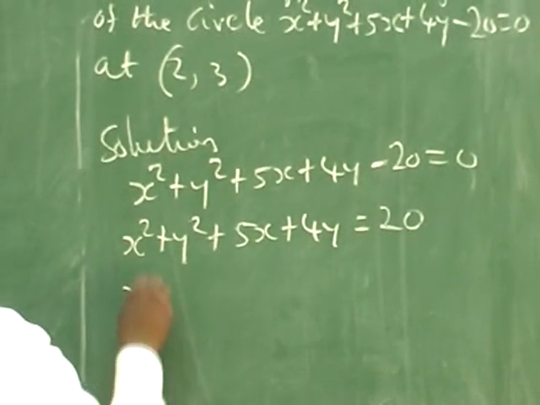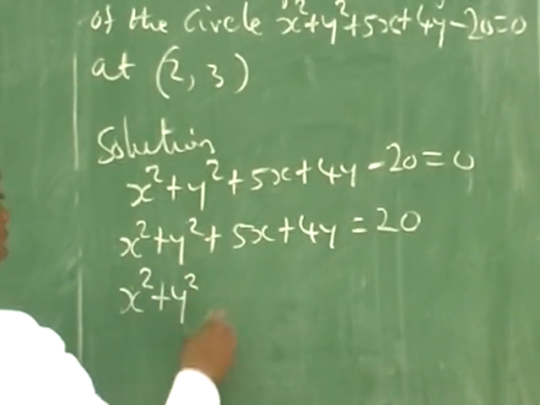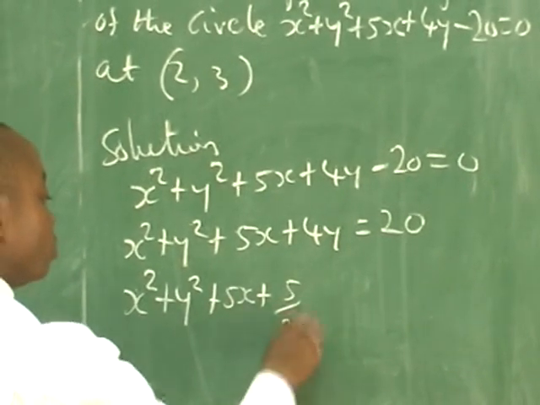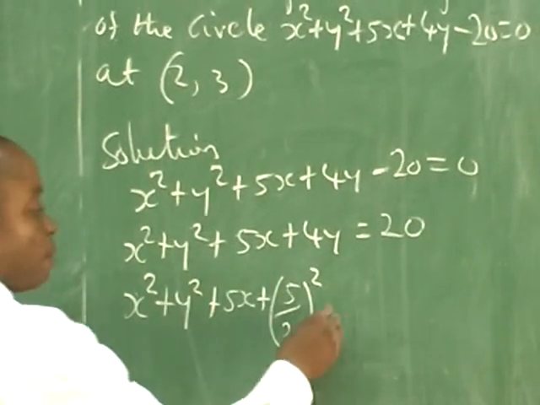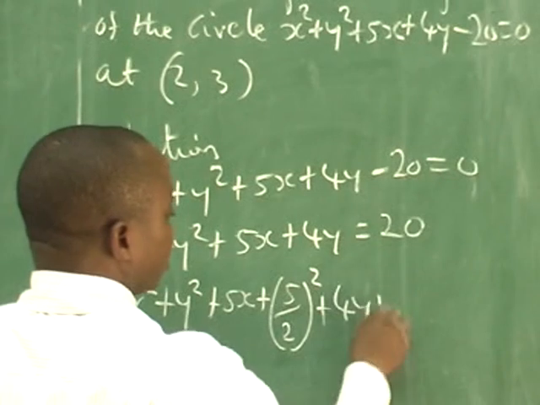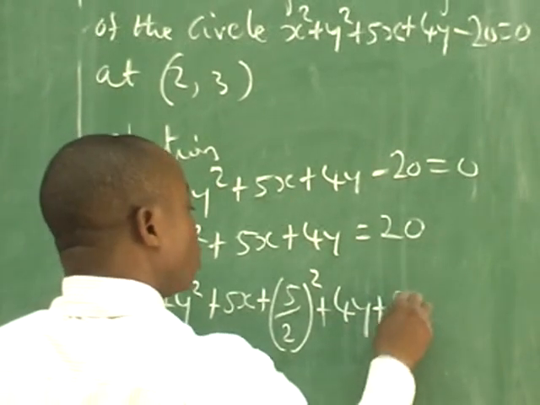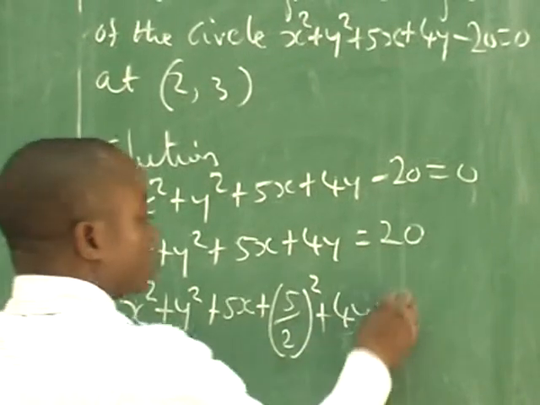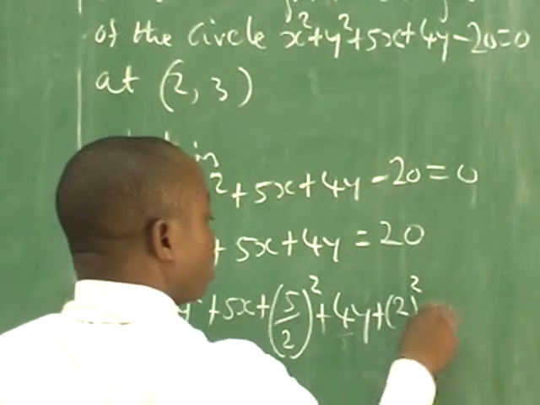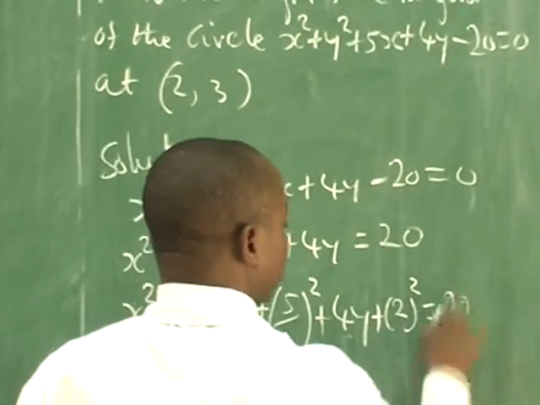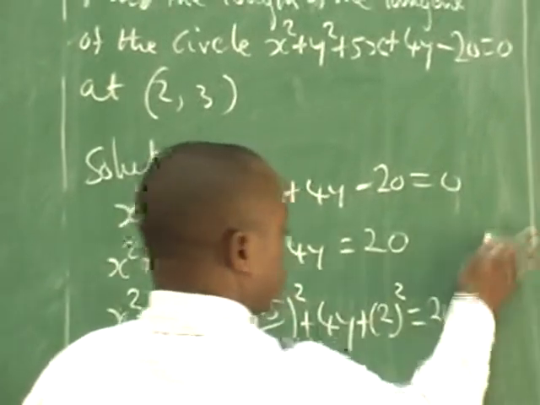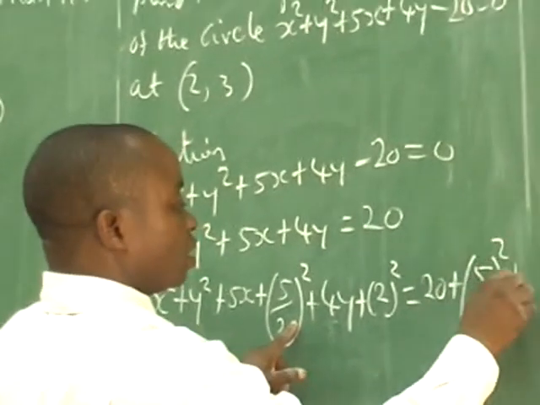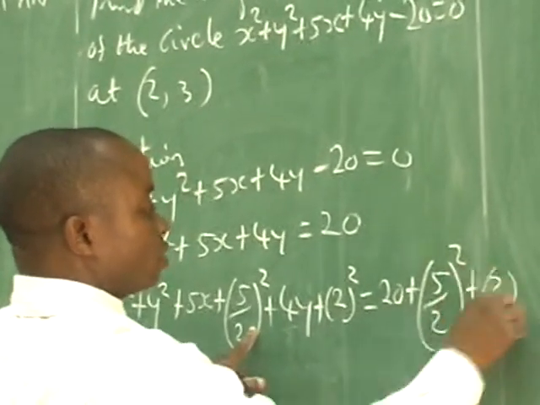So if we do that, we will have x squared plus 5x plus (5 over 2) squared, plus y squared plus 4y plus 2 squared. You see, 4 divided by 2 is 2. So we can now square, and it will be equal to 20 plus (5 over 2) squared plus 2 squared.